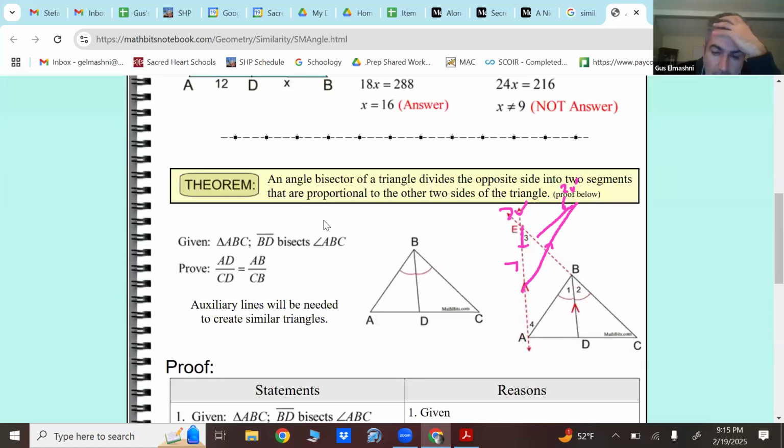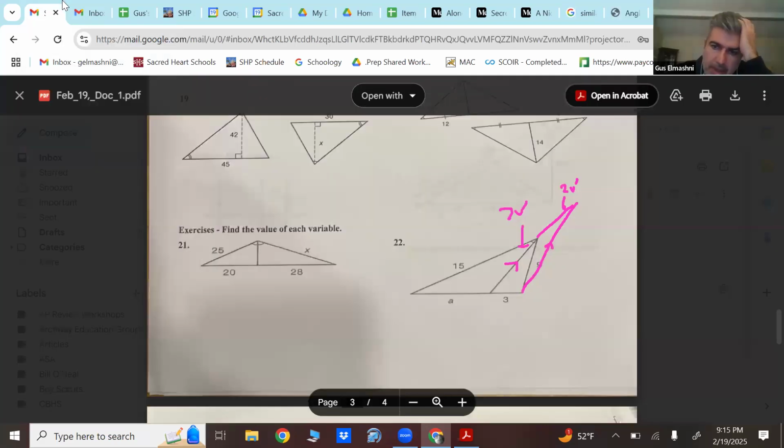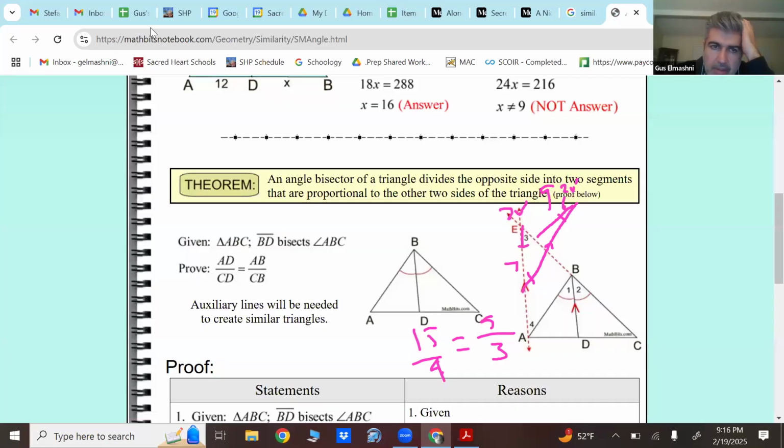Oh, AB. Okay. So you're deliberately making, got it. Okay, so these angles are the same. So therefore this is 9. So 15 to 9 equals A to 3. Or you can say A over 15 equals 3/9. Okay. So that makes sense.